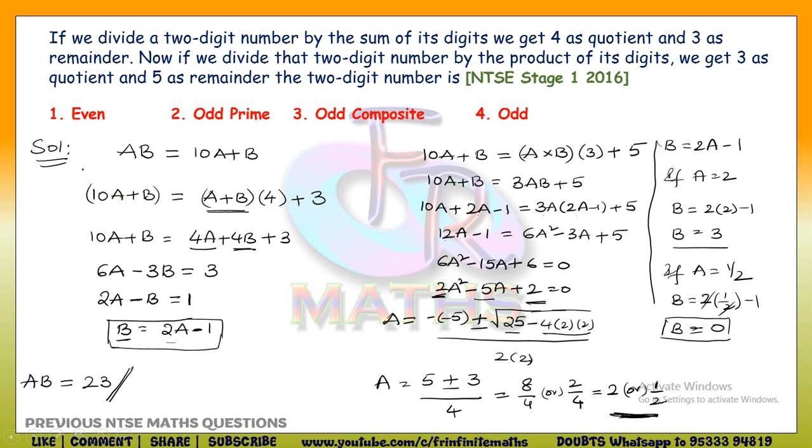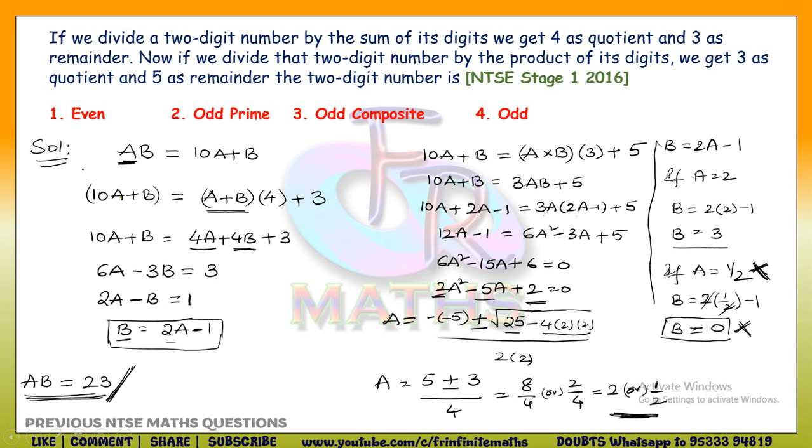The same way, can we take A is equal to half? Is that possible? Here A is a digit, and a digit means from 0 to 9. But A equal to 1 by 2 is not at all possible, so this case is not possible. So clearly AB is equal to 23.